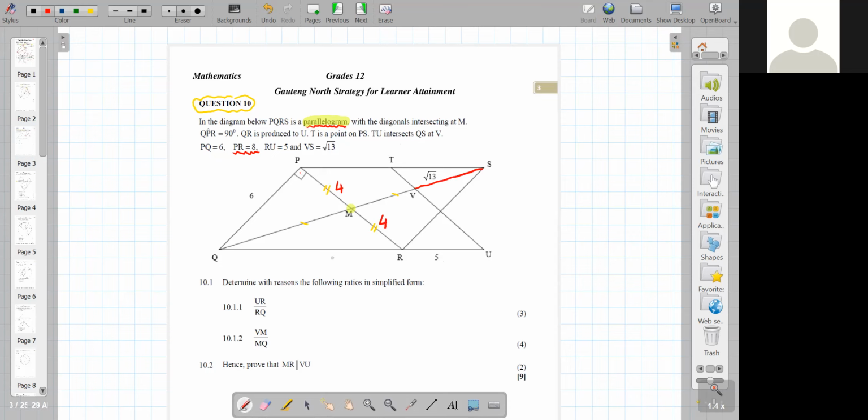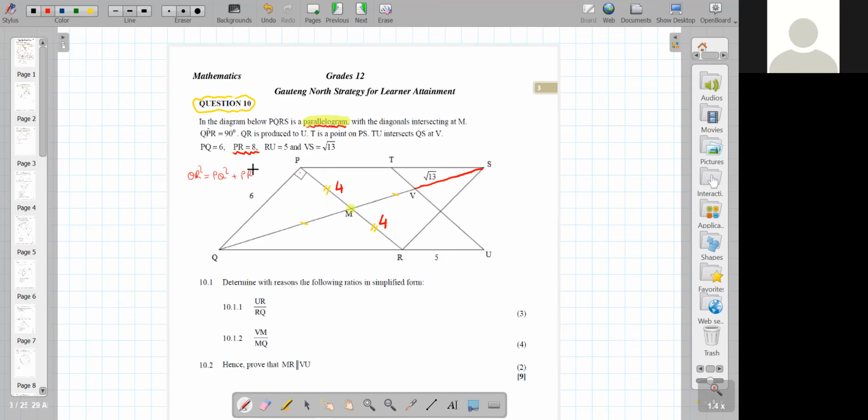Because of 90 degrees, what can we say actually? We can use Pythagoras theorem. We can say PQ and PR. So QR square will be, let me write on the top because I know we'll get the answer. So we can say QR square is going to be PQ square plus PR square.